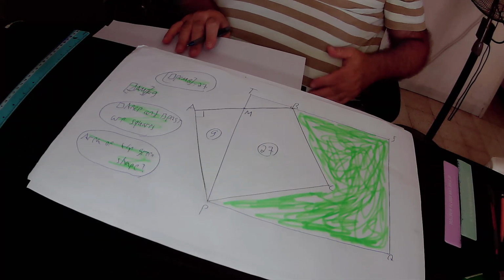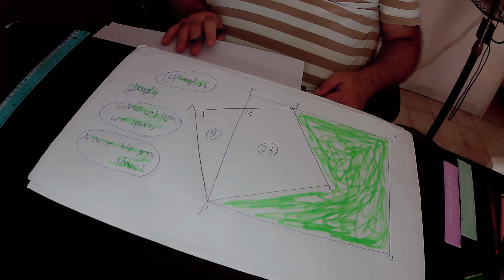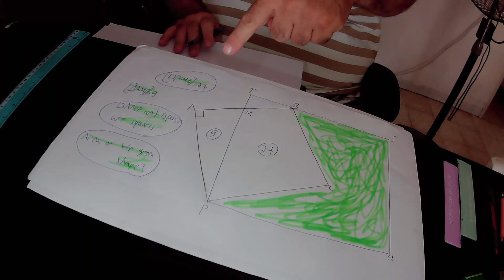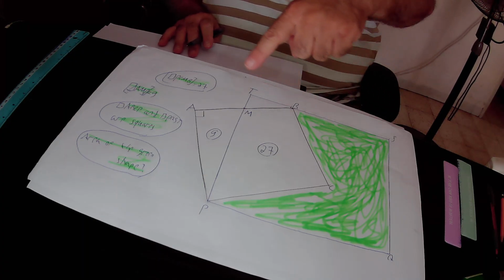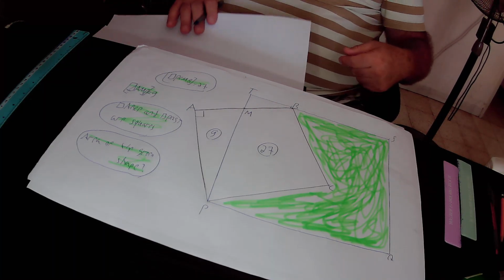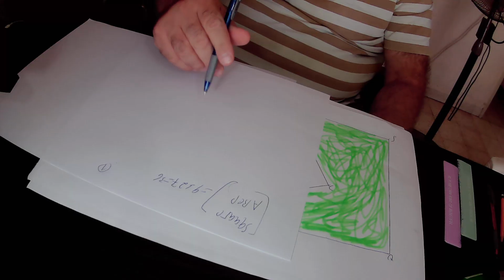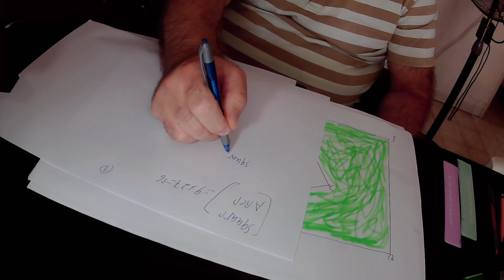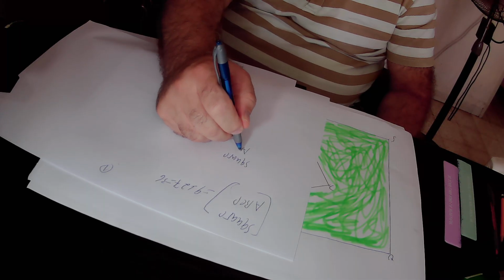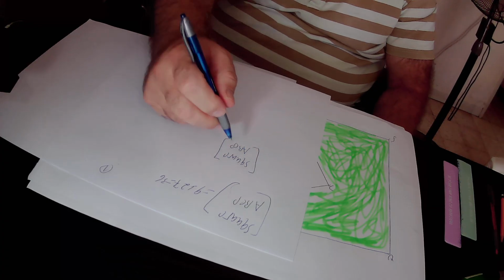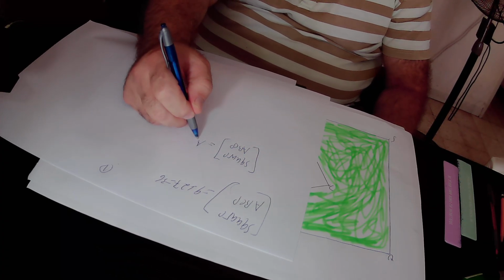And we also know that the area of any square equals the length of one side squared. So the area of this square ABCP will be equal to the length of AP squared. So the area of square ABCP is equal to the length of side AP squared.